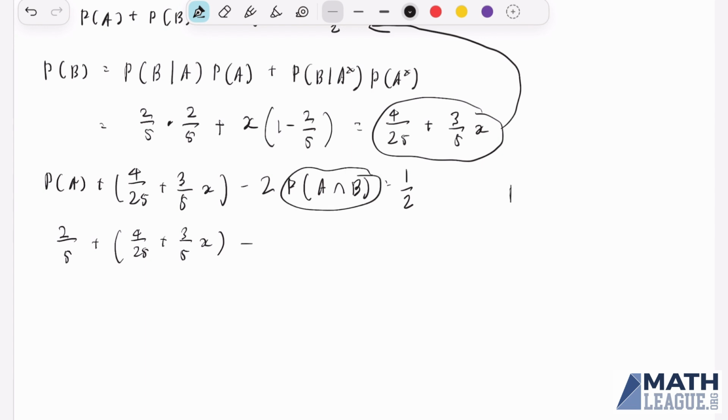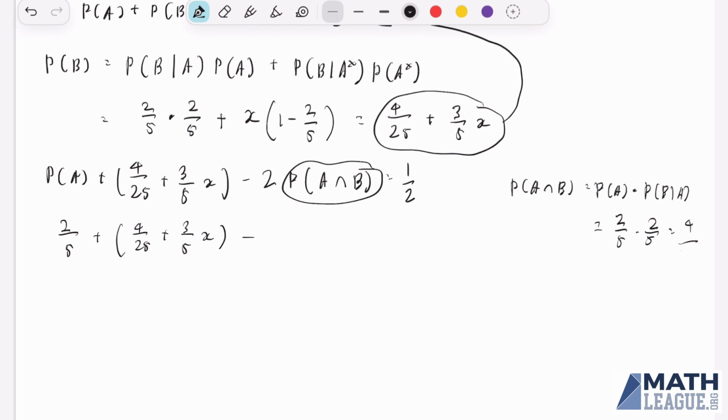And the probability of A and B happening is just the probability of A happening times the probability of B happening given A happens. And that's just 2/5 times 2/5, so that is equal to 4/25. And we have to multiply it by 2. So this is equal to 1/2.